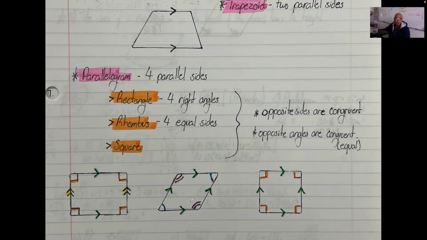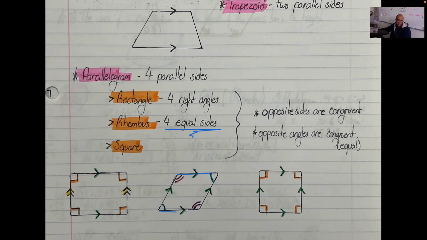Next, we have a rhombus. A rhombus, ladies and gentlemen, again, is a parallelogram, but it is a very special parallelogram because not only are opposite sides parallel, not only are opposite sides the same, congruent, and not only are opposite angles the same also, but it also has four equal sides.